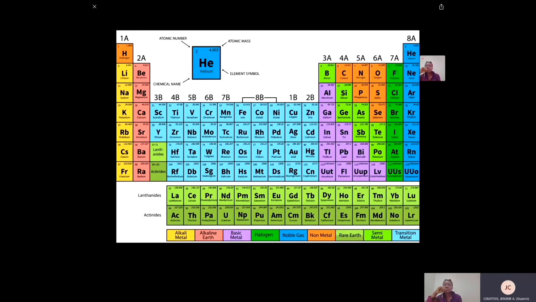Now, if you think about the structure of the atom, and particularly the masses and the sizes of the protons, neutrons and electrons relative to each other, can you think why you wouldn't include electrons in this equation if you're trying to figure out the mass of one atom of helium?